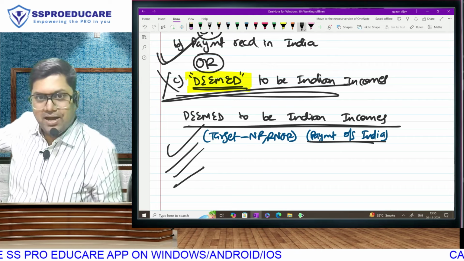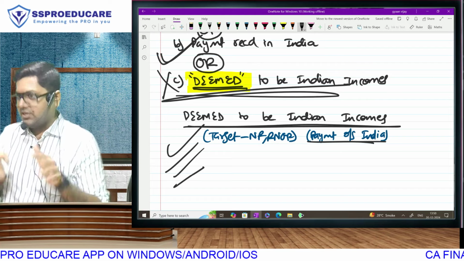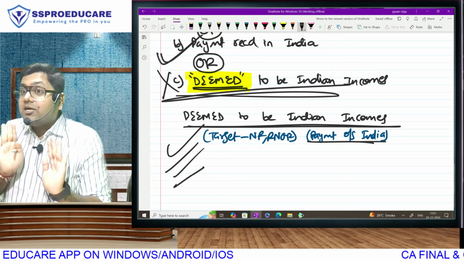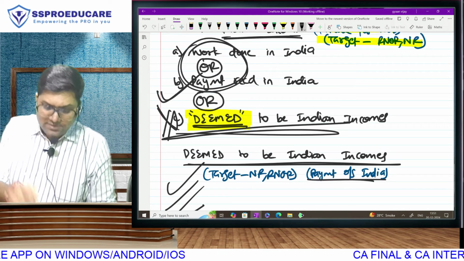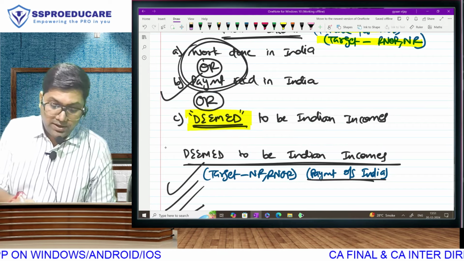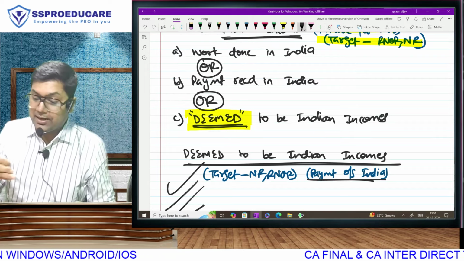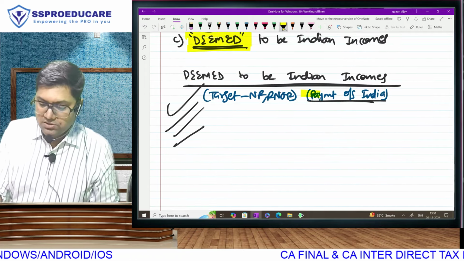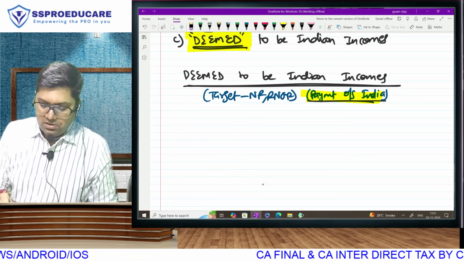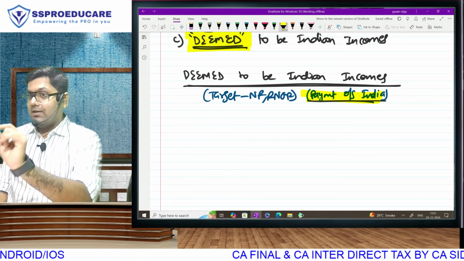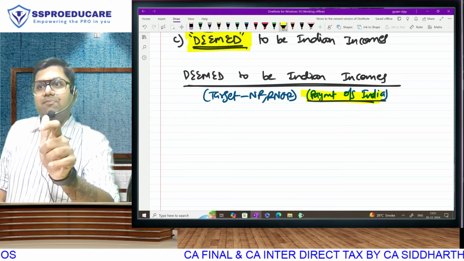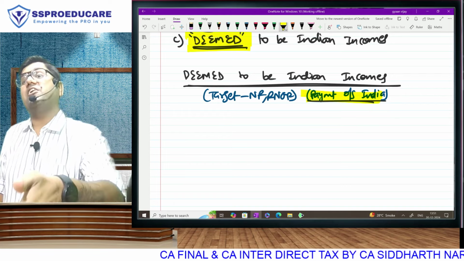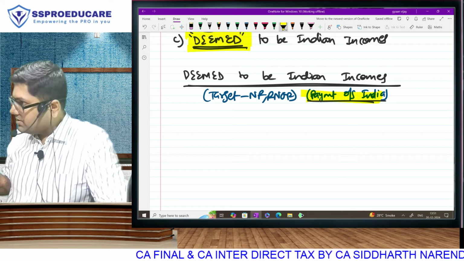If everything is happening outside India, then we need to deem it for some reason. Reason we will understand. But if the existing activity only has taken place in India, then we don't need the third point. So our third point will also be based on a background that the payment was outside India. I hope you are clear. I repeat the line that if the payment is in India, we don't have to be deeming the income as Indian income. It is already Indian income. Are we clear about this?